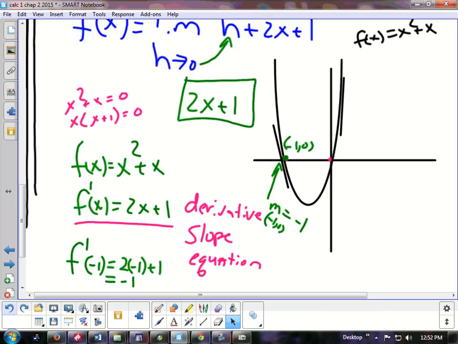If this parabola represented motion over time, so it's like 0, 1, 2, 3, 4, 5 seconds, this object would be going faster and faster each time, because at first its slope is gradual, and then it gets steeper and steeper as you go up here.